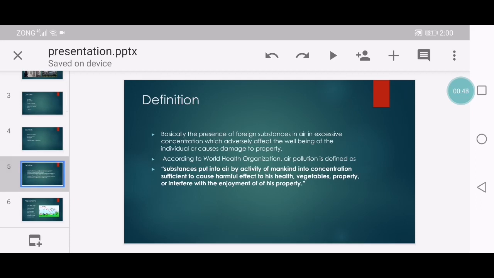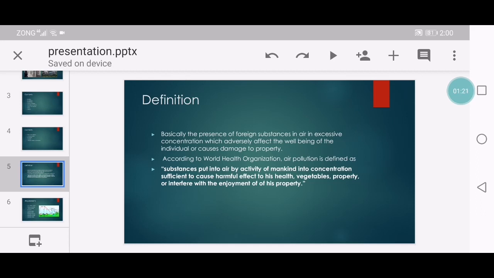Basically, the presence of foreign substances in air in excessive concentration which adversely affect the well-being of individuals or cause damage to property. It means the presence in the air of a substance which has harmful or poisonous effects on our environment. Air pollution has a huge impact on our health, reducing quality of life.